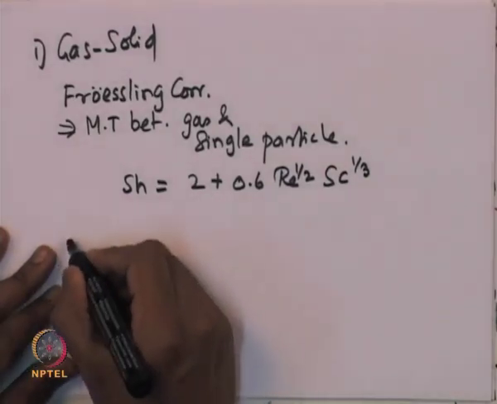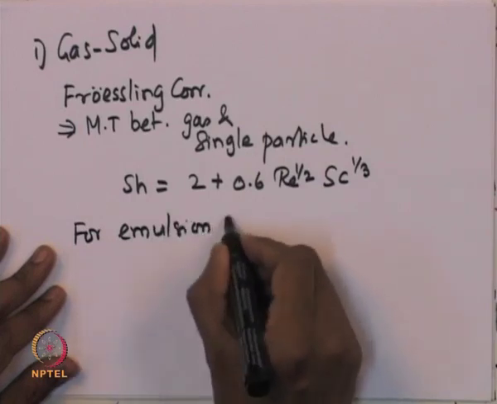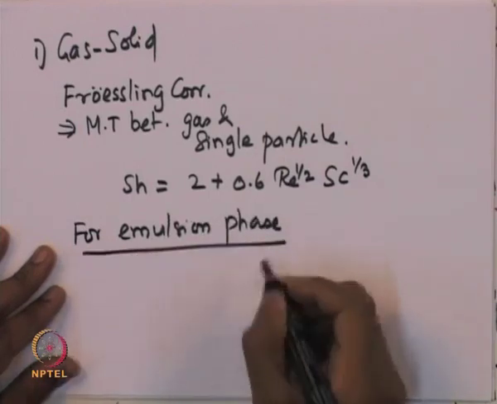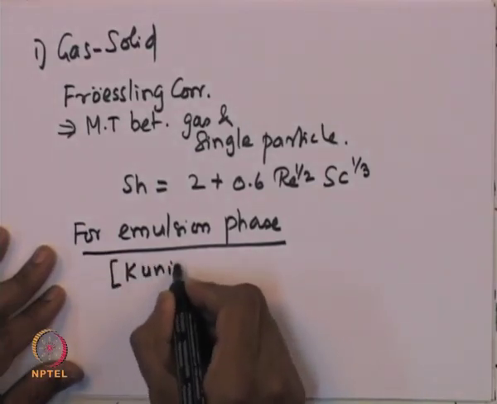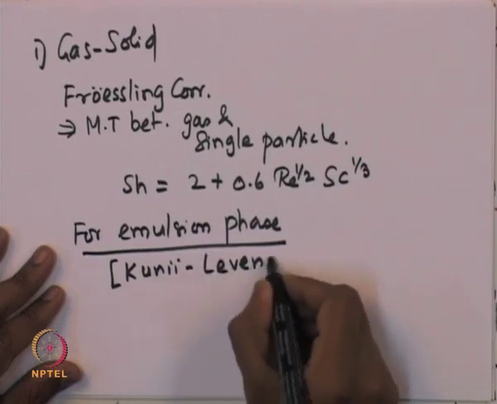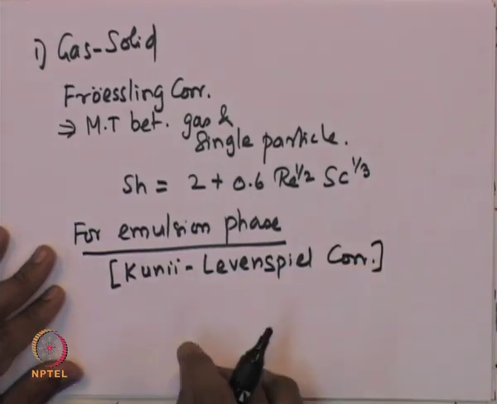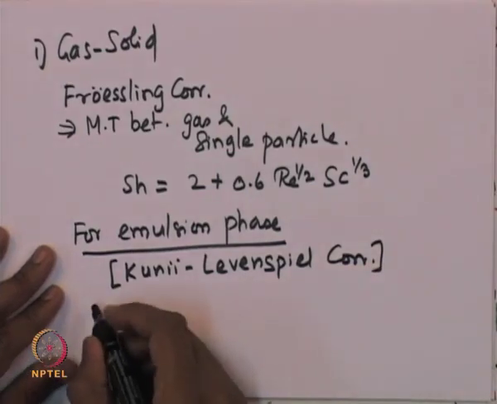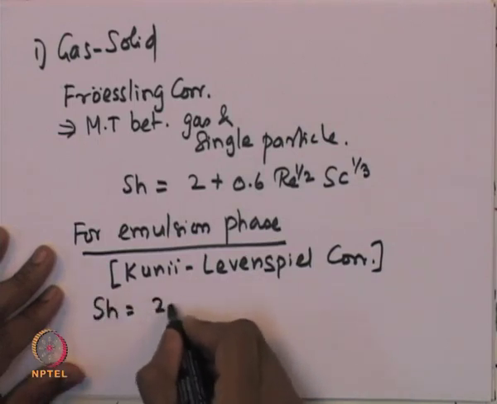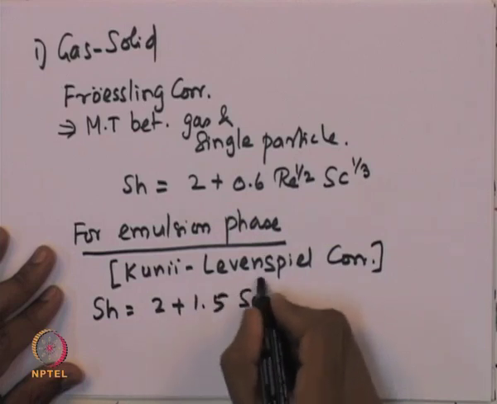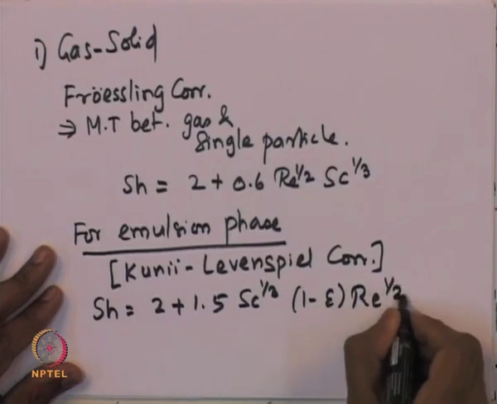And for the emulsion phase, Kunii and Levenspiel have developed a correlation to estimate the mass transport coefficient, given by Sherwood number equal to 2 plus 1.5 into Schmidt number to the power of 1 by 3 into 1 minus epsilon into Reynolds number to the power of half.